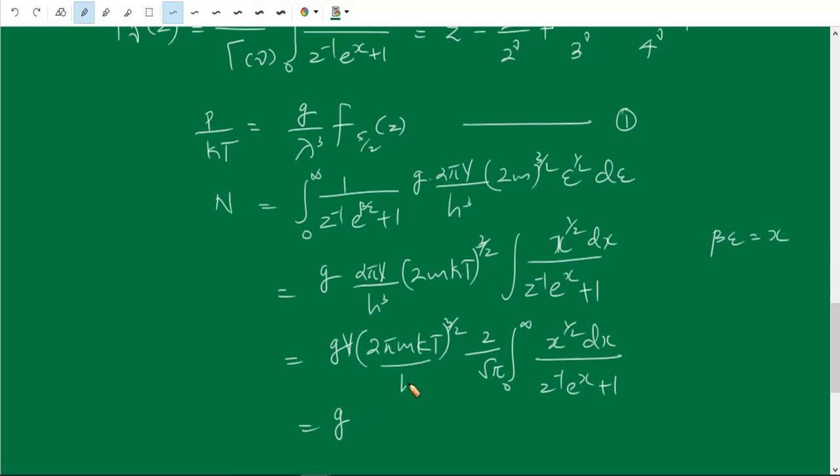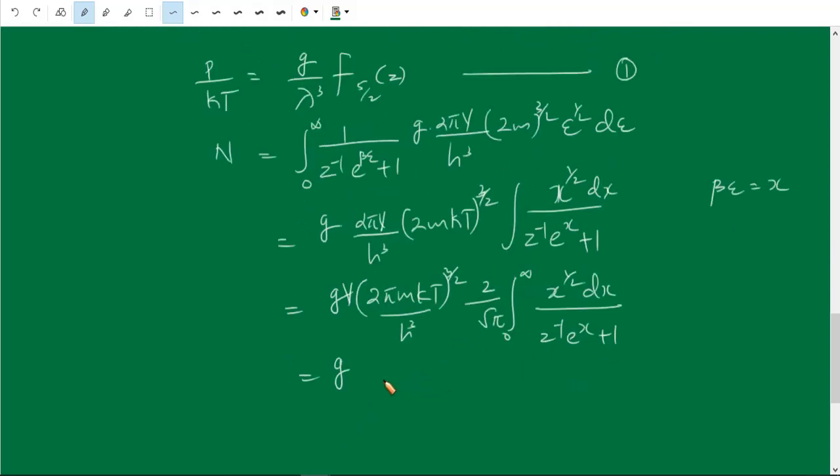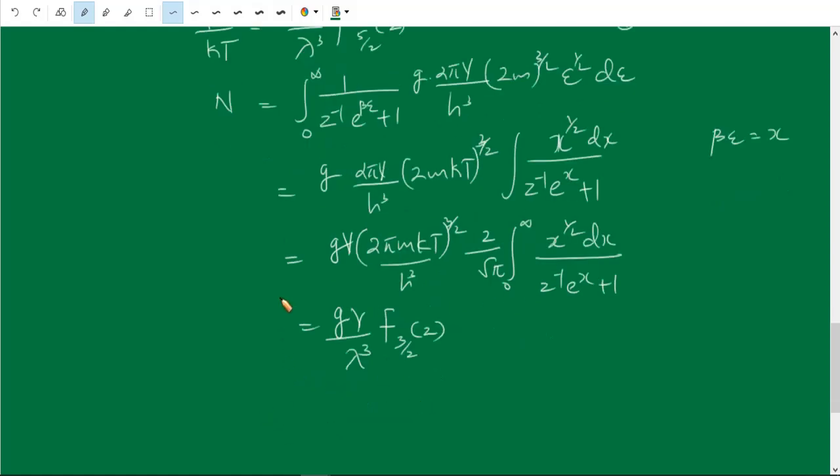Sorry, one h cube is missed. So g v divided by lambda cube f 3 by 2 of z. So this is also the Bose-Einstein function of 3 by 2. So this expression is for N, the average number of particles.